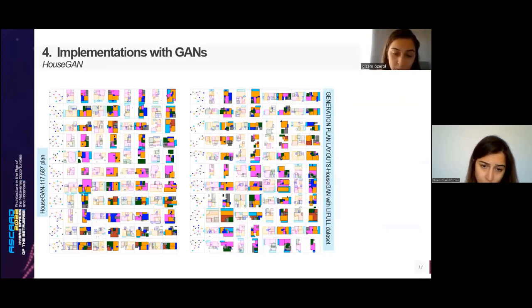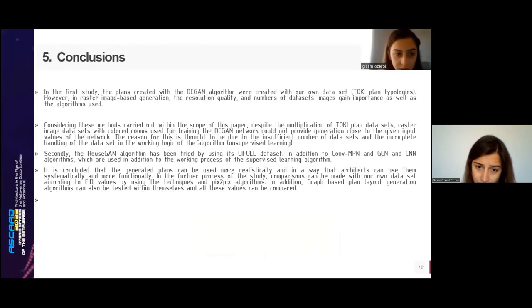So it means that they used different algorithms together, and after that, they tried to fix the graph neural network generations by using the raster image generations. The idea of the user interface came with the room relations. So it was much more useful for the generation part, and also for generating realistic values.